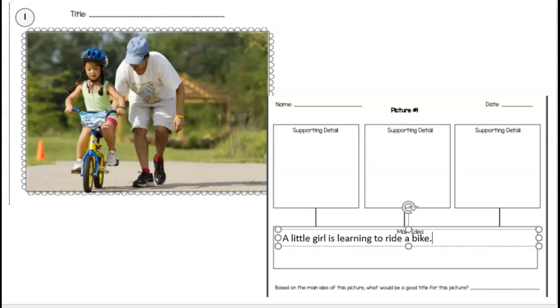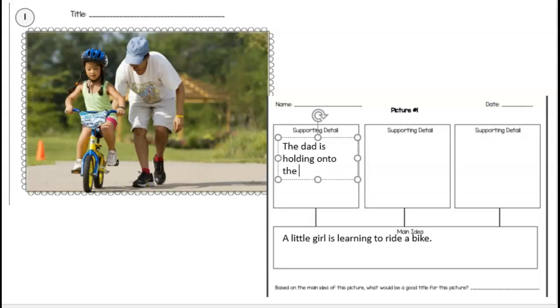So I'm getting a new text box, and I'm going to say supporting detail number 1 might be the dad is holding on to the bike for support. That's what happens when we learn to ride a bike.